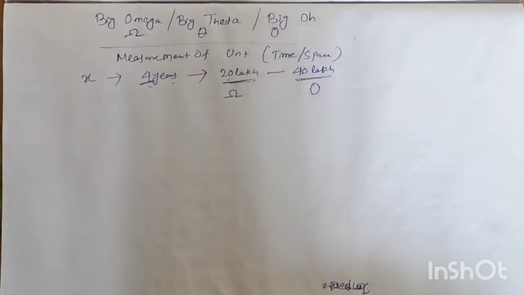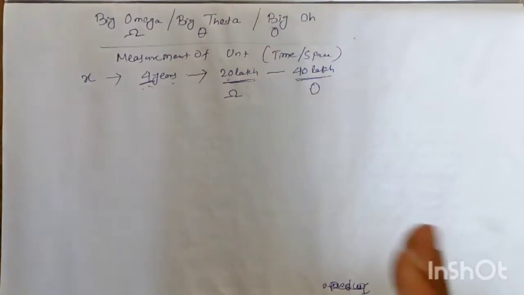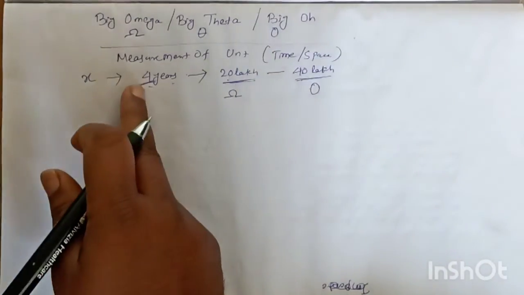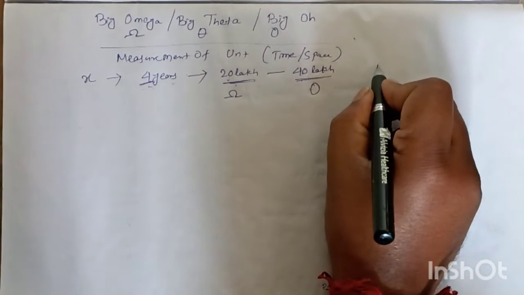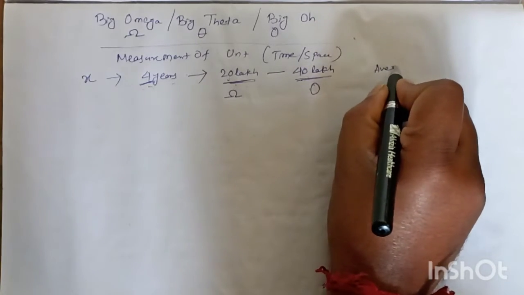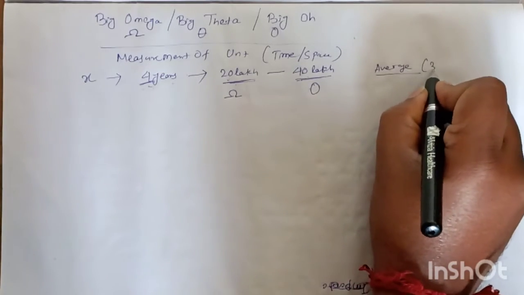And let's say on an average in the market, candidates generally take 30 lakh for a 4 years candidate. So the average is 30 lakh.